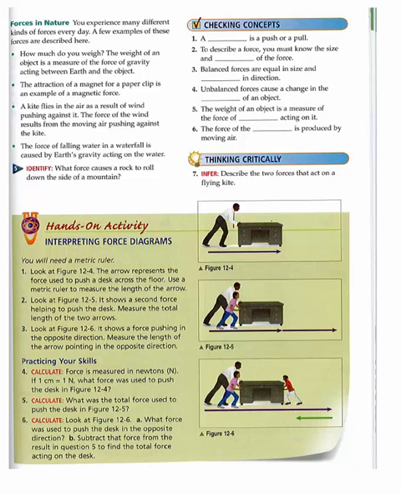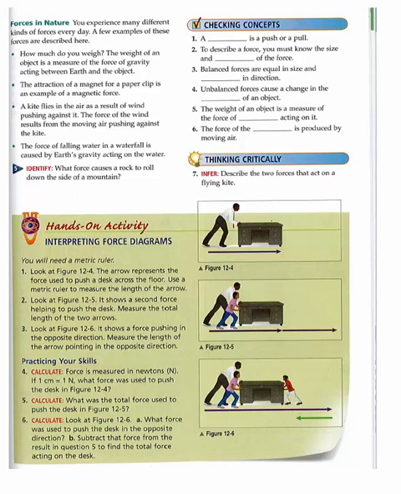Checking concepts. 1. A blank is a push or a pull. 2. To describe a force, you must know the size and blank of the force. 3. Balanced forces are equal in size and blank in direction. 4.